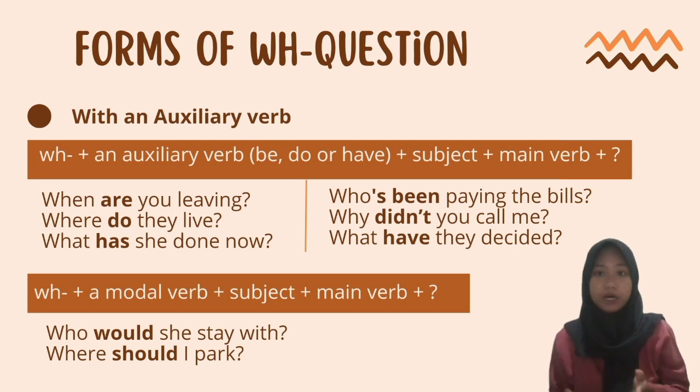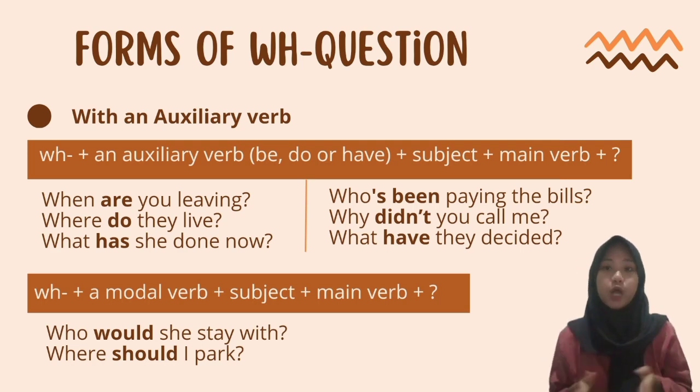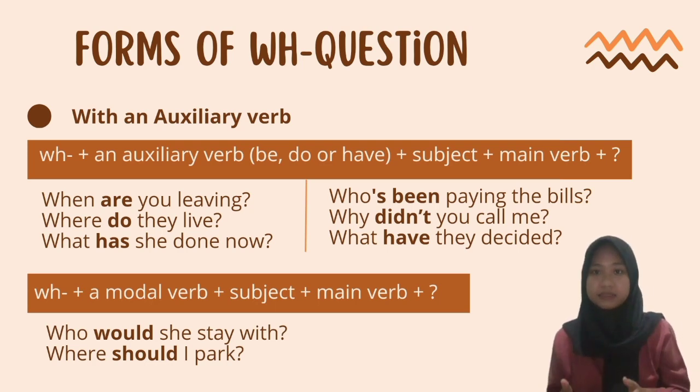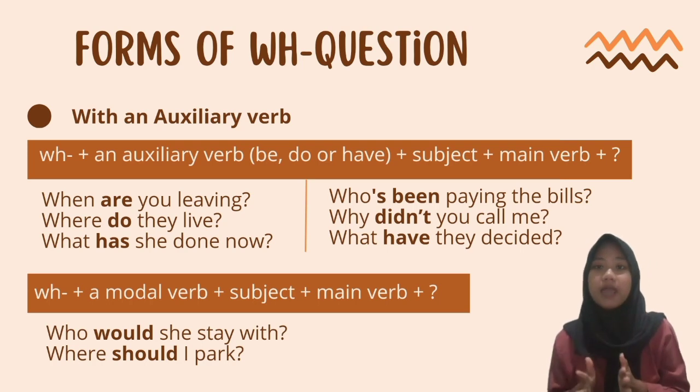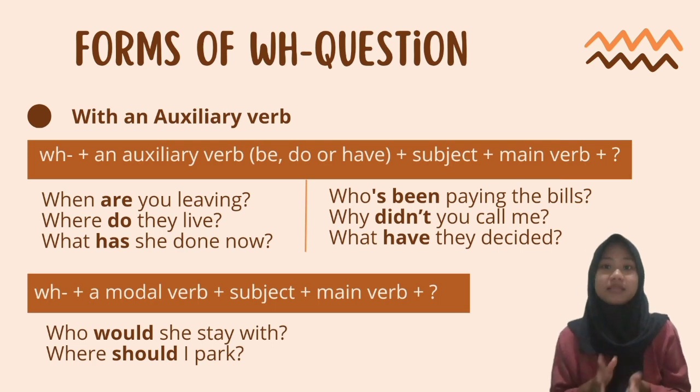With an auxiliary verb has 2 patterns. The first is using an auxiliary verb such as be, do, or have, and the second is using a modal verb. Using an auxiliary verb means that in the question there is an auxiliary verb in the form of be: is, are for present tense, were for past tense; do, does for present tense, and did for past tense; have, has for present tense, and had for past tense.